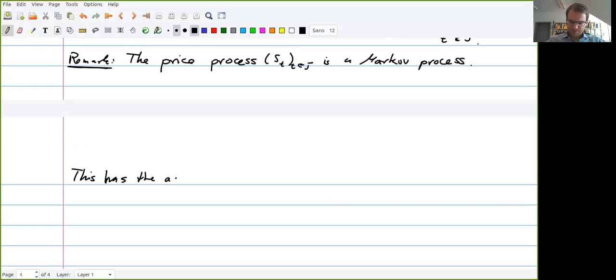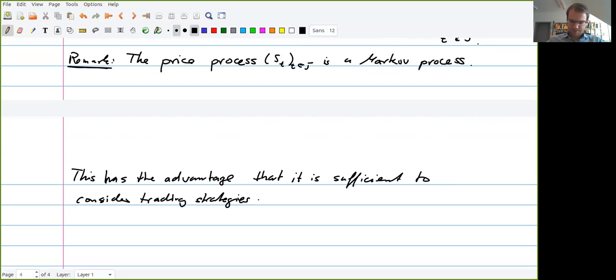The advantage is that it is efficient to consider trading strategies of the form C at time t is just a function f which depends on the current state.